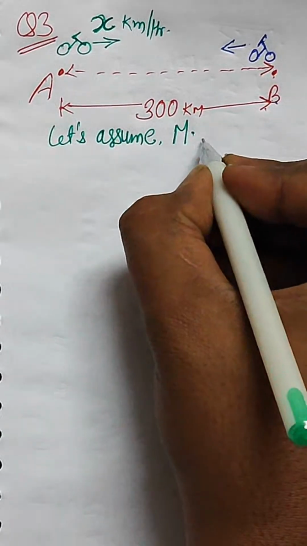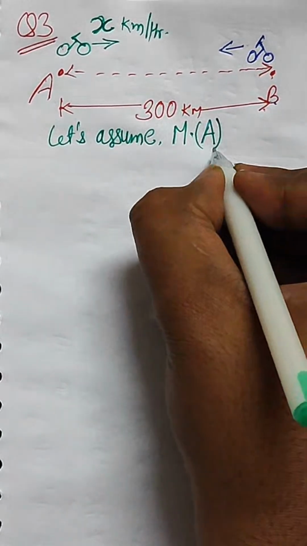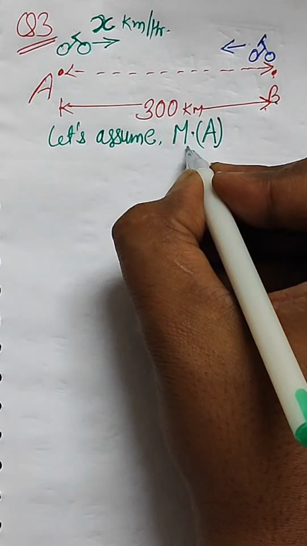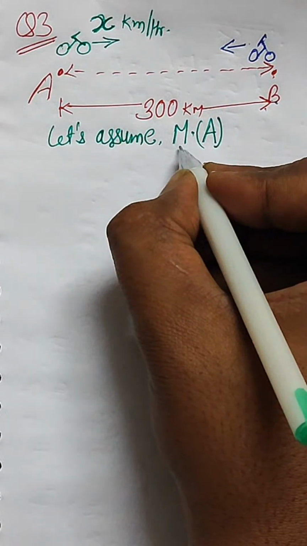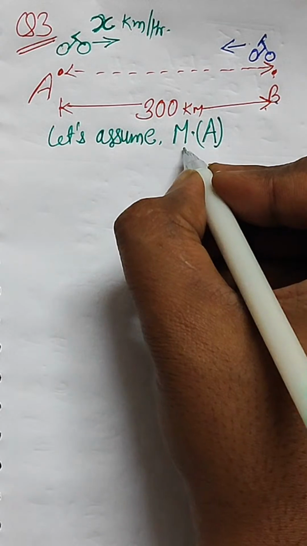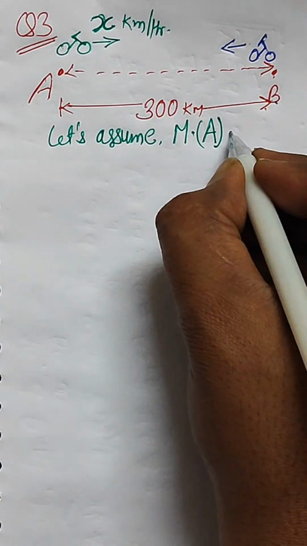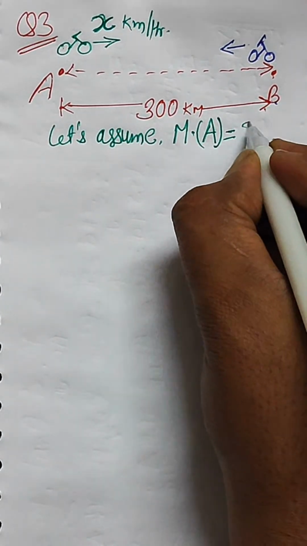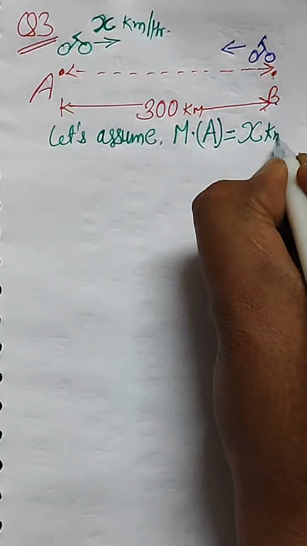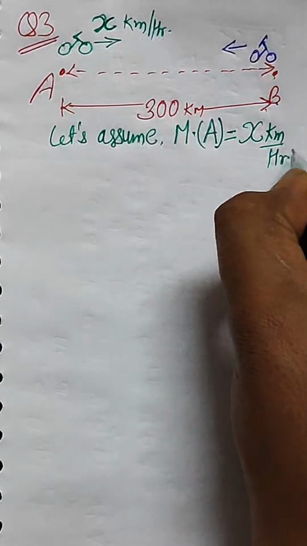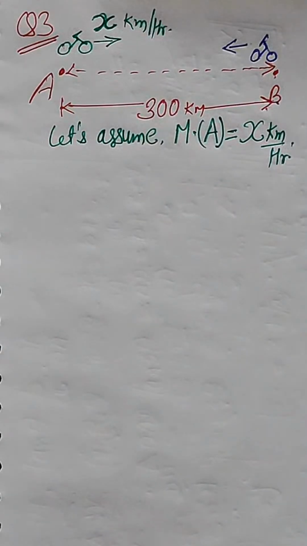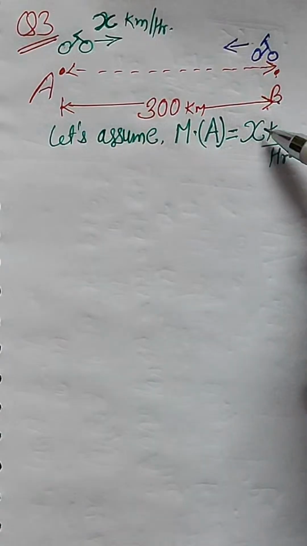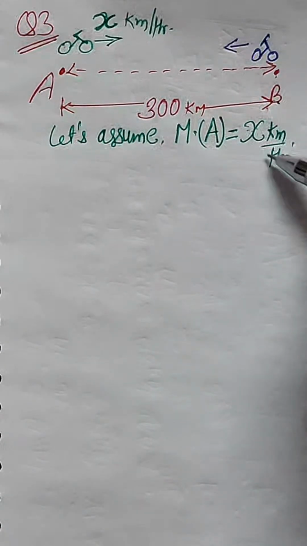I'm writing M only, M for the motorcyclist. So let us assume motorcyclist A's speed is X kilometer per hour, right?